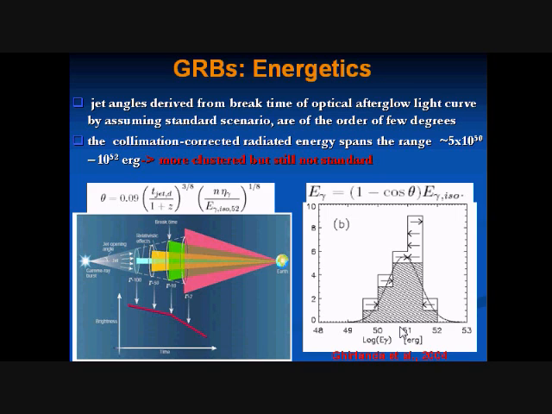And if it is true, then this was the point where people thought that GRBs will be a good candidate to use as cosmological probes, if at all the energy is clustered and if it is a standard candle.